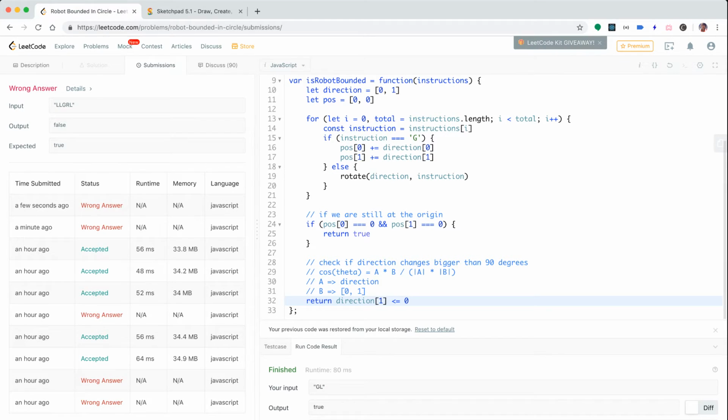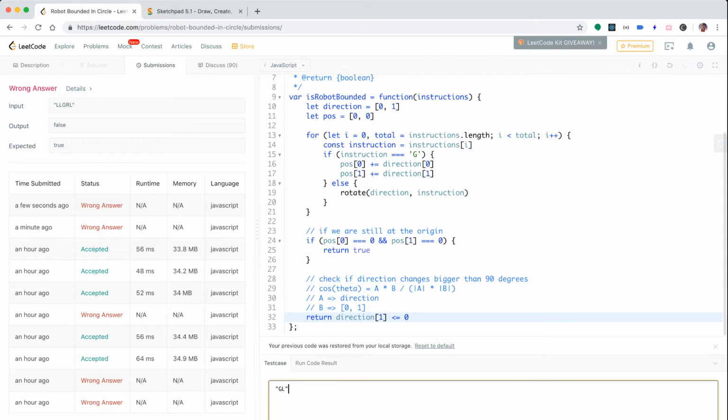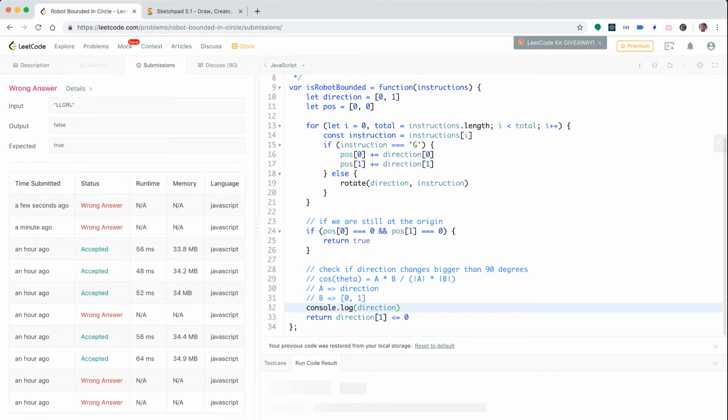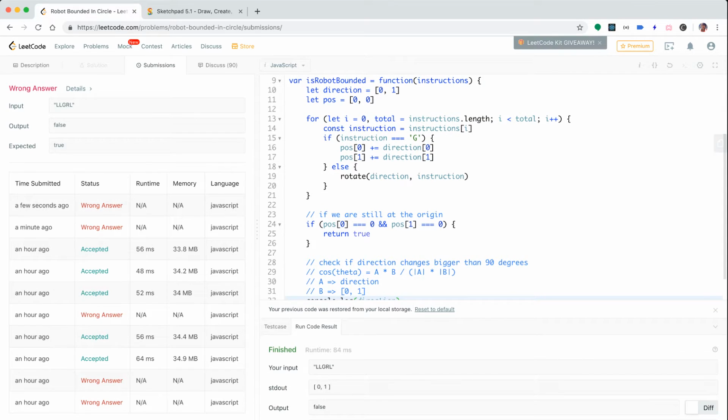Wrong answer. I like debugging. Need to console log direction. Okay, final direction.